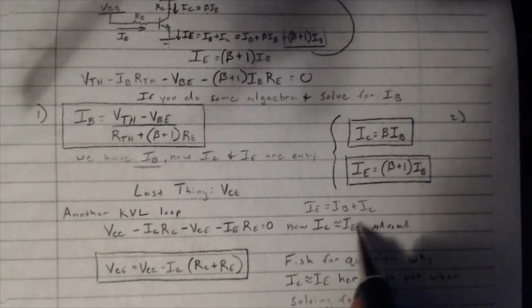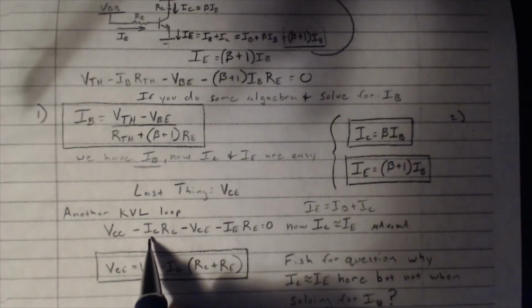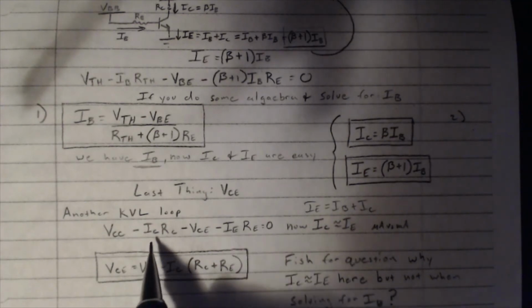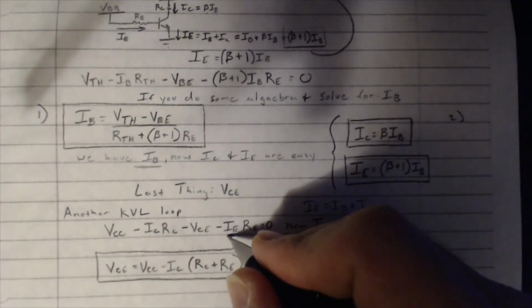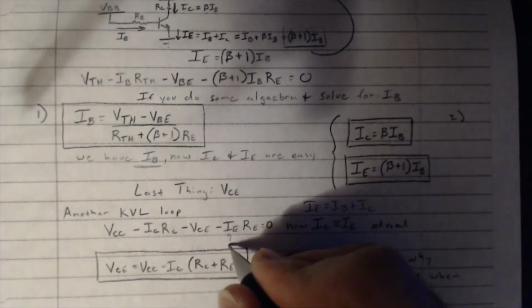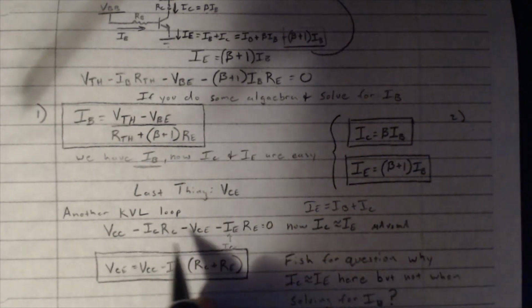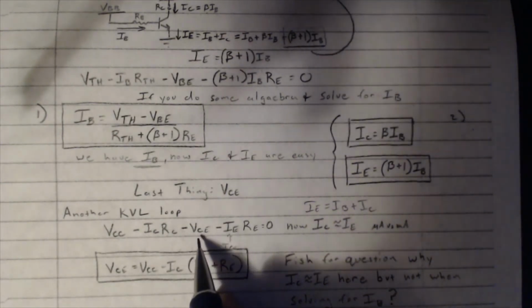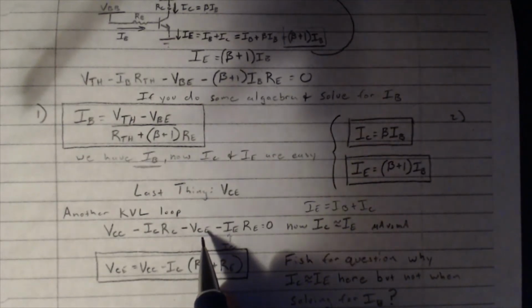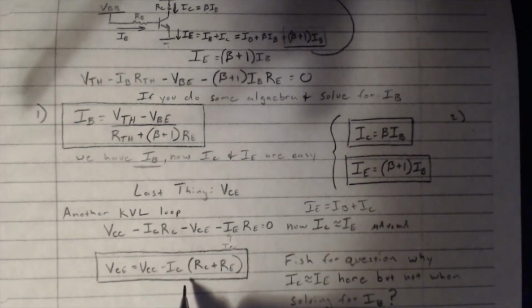And if we do that, then over here I can say that IE is equal to IC. And then I can pull both of those terms out. And then, of course, we're trying to solve for VCE, so I'm going to throw VCE to the other side of that equal sign. So what we end up with is VCE is equal to VCC minus IC times RC plus RE.